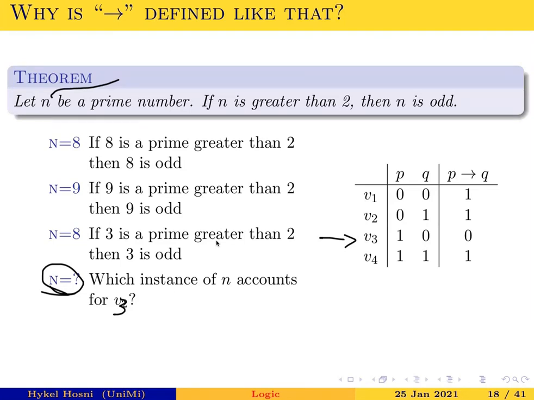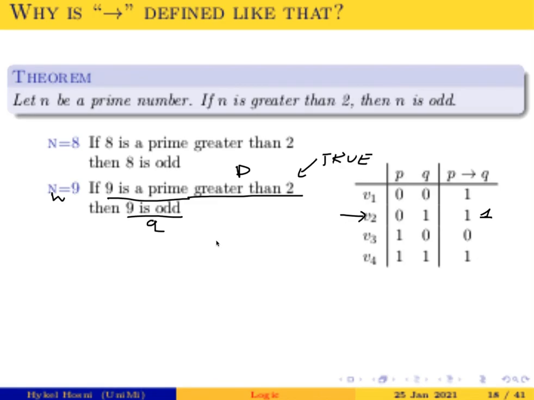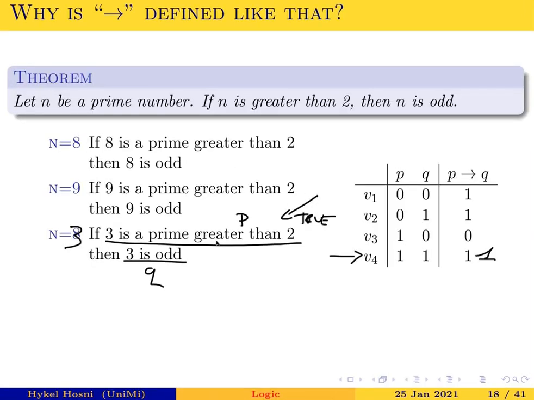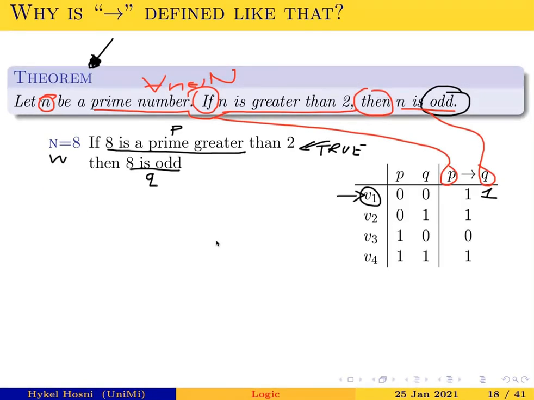Let's try an even number. Sorry, you said even. An even number. Okay, so 8. Yeah, 8. 8 is an even number. Okay, so yeah, it's case 1.